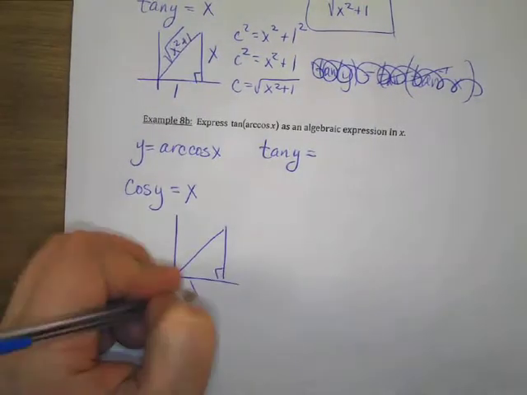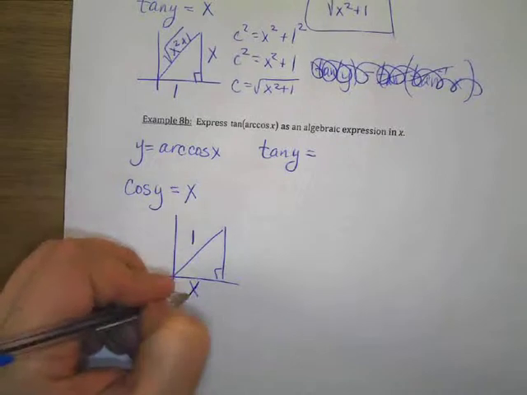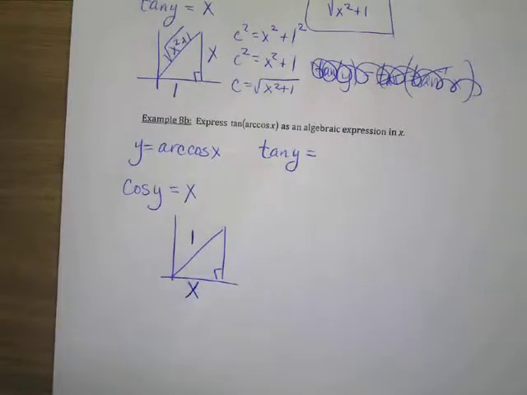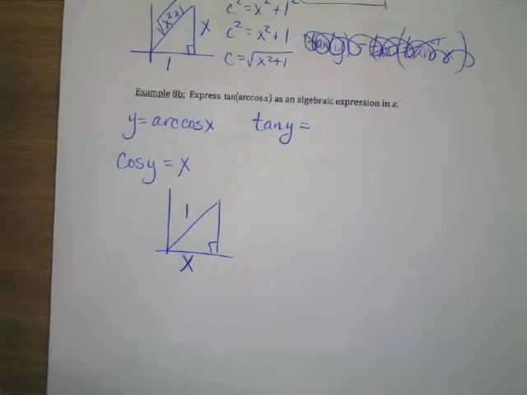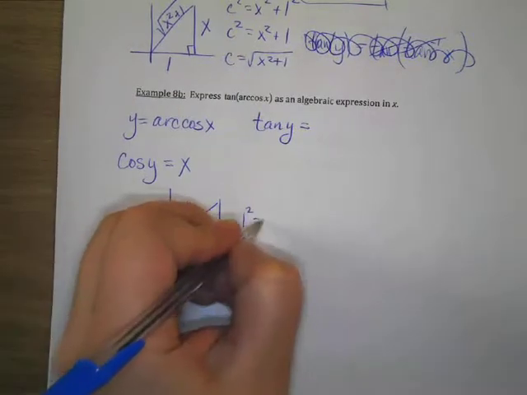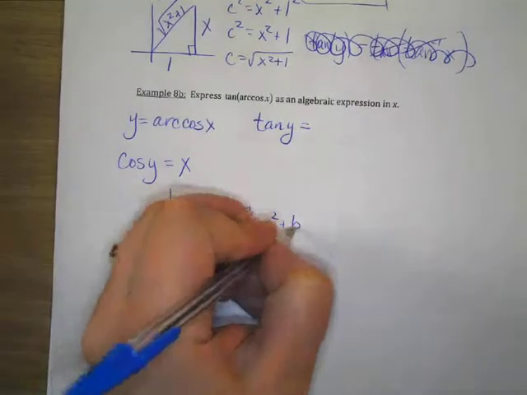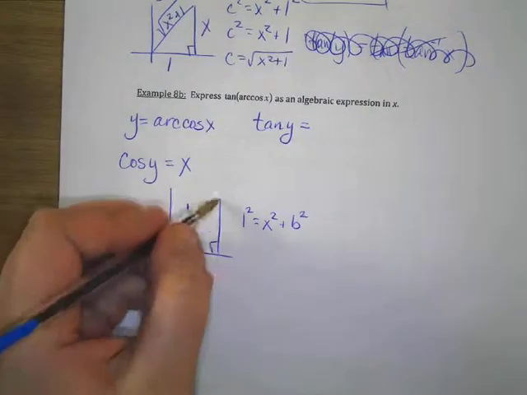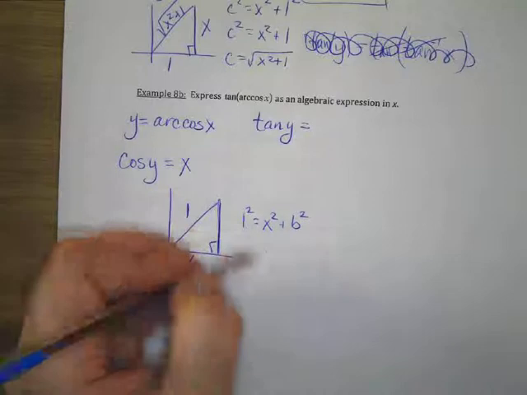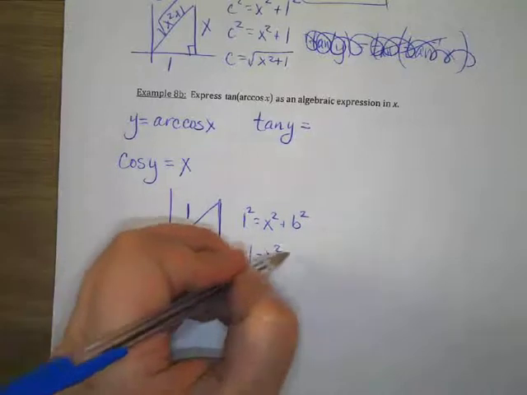And cosine is adjacent over hypotenuse. We've got to work this one a little bit, but it's not that bad. So 1 squared equals x squared plus b squared. We've got to find that b side. So what would that be? 1 minus x squared equals b squared.